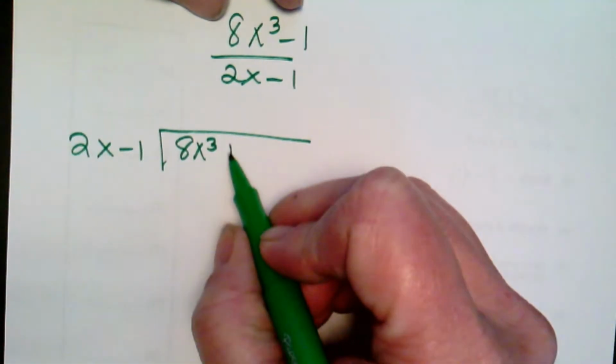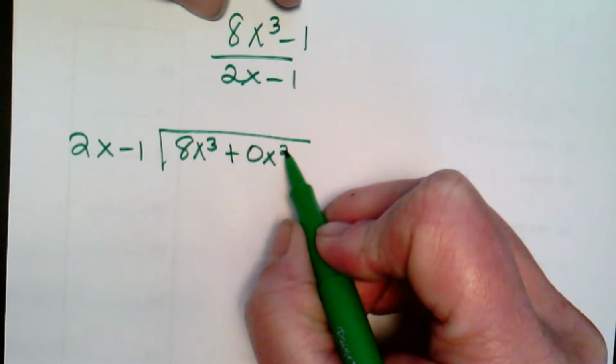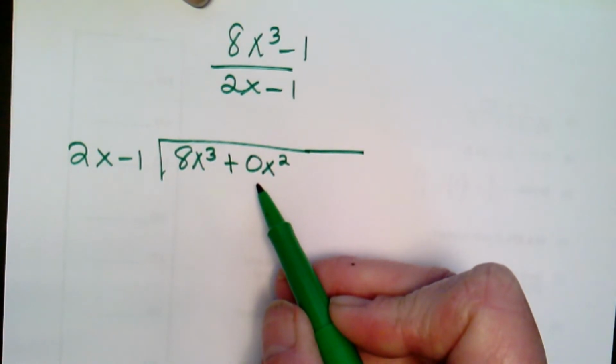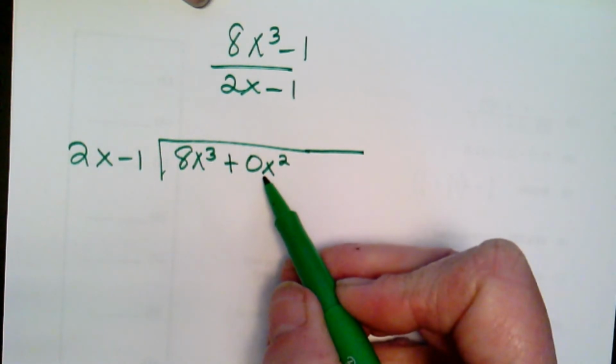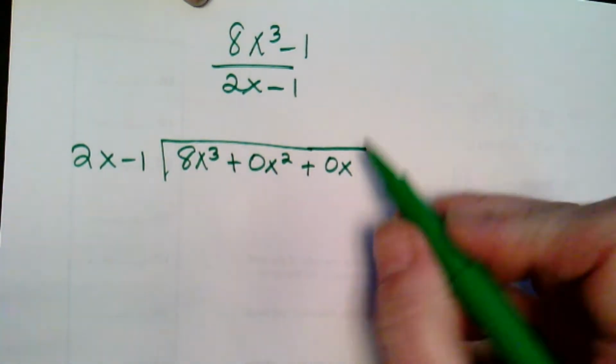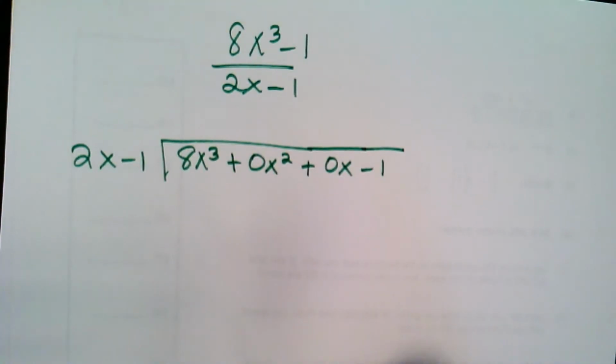So what you do is you have a placeholder, and we're not changing the problem. 0x squared is still 0. It's just a placeholder. And then I also need an x, because we want it to go down in descending order before we get to our constant.